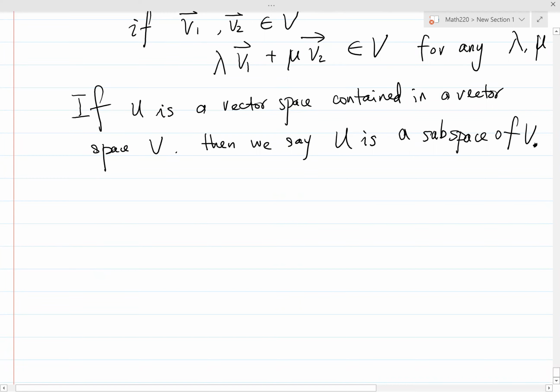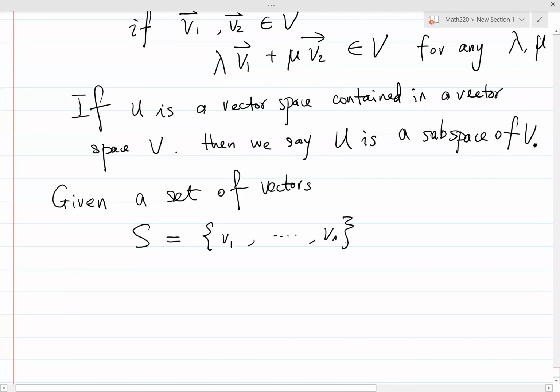Suppose we have a collection of vectors, a set of vectors. So this is the set S equal to v1, etc., vn. I forget writing the arrow all the time.